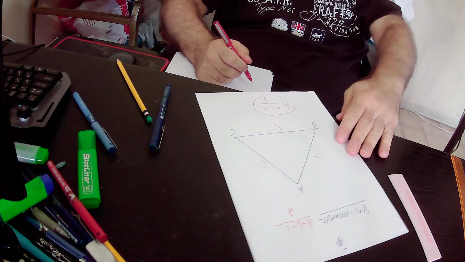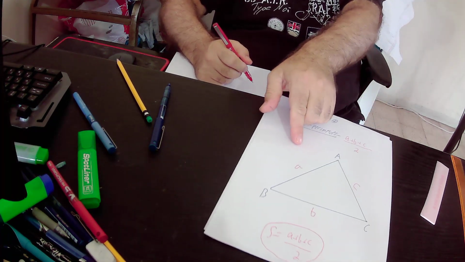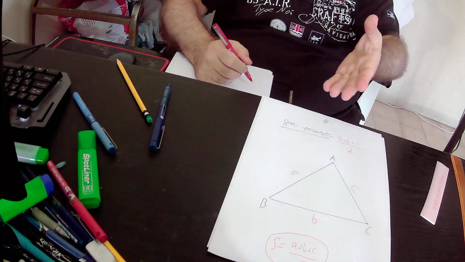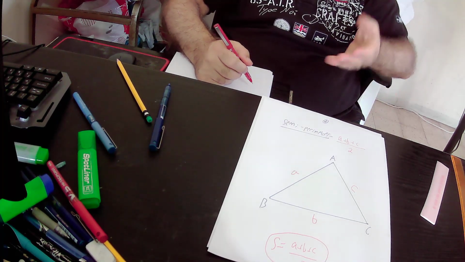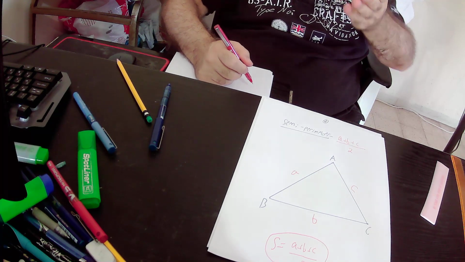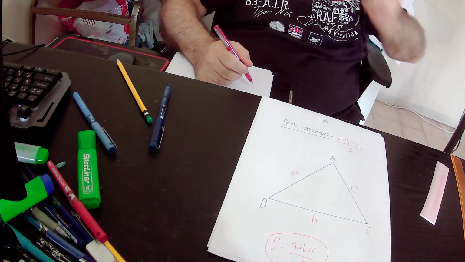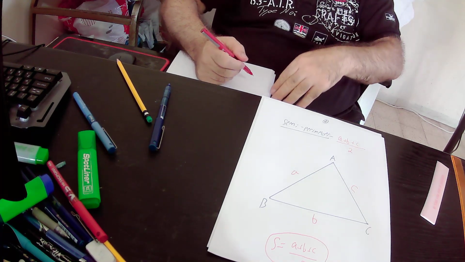So we will calculate the semi-perimeter of our triangle ABC according to the formula that s equals a plus b plus c over 2.